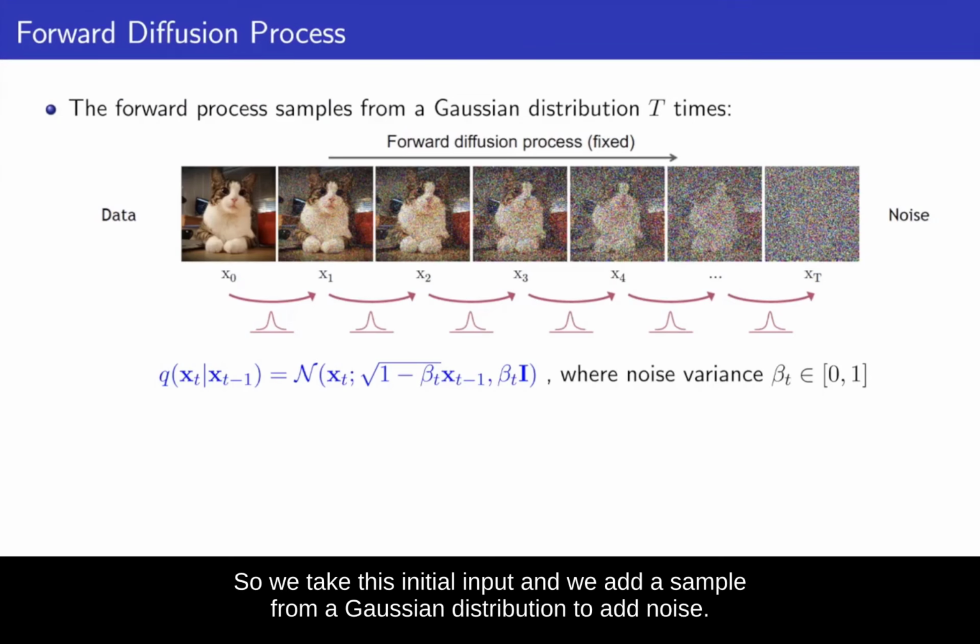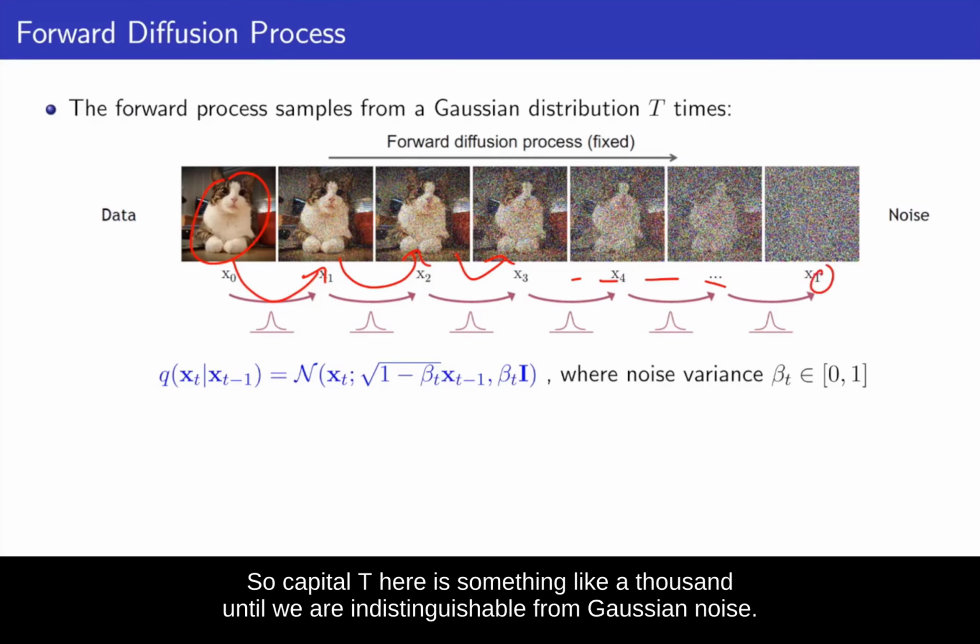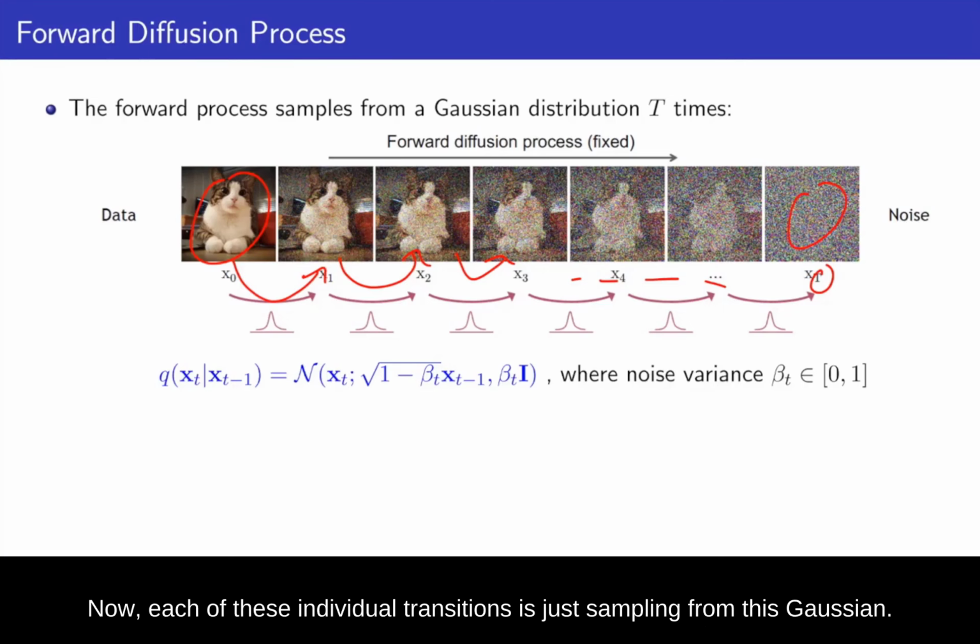So we take this initial input and we add a sample from a Gaussian distribution to add noise. We do that again and again and again. And this is a lot of times, maybe 1,000 times or so. So capital T here is something like 1,000, until we are indistinguishable from Gaussian noise.